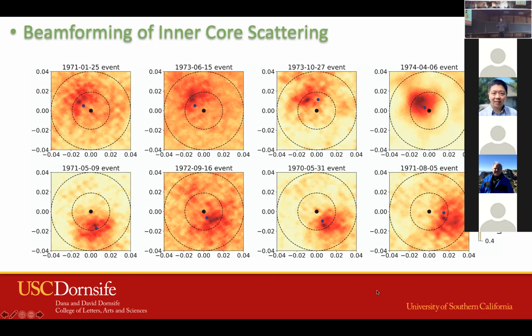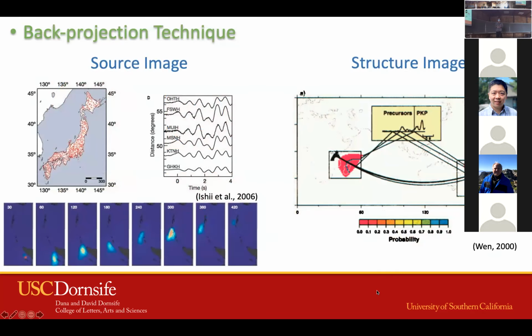Now we have this pattern, and we are wondering what it is. From this pattern, we want to determine the geographic distribution of the inner core scattering within the inner core. The direct method we think about is the back projection method. Back projection is widely used in earthquake source imaging; I think Wei Wang is the expert in this direction.